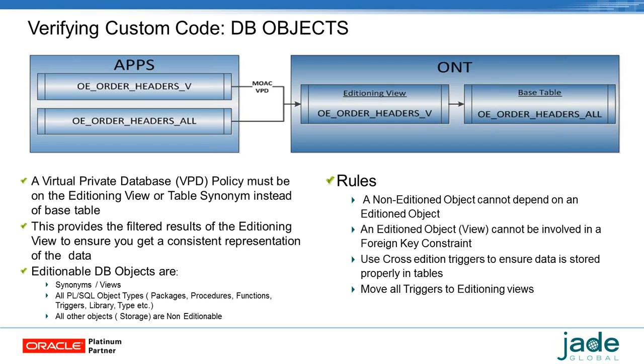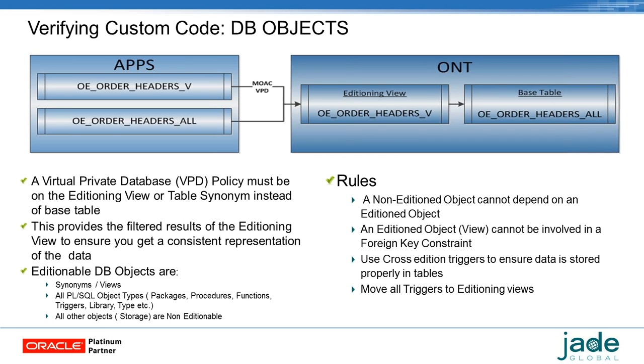When you are defining these new objects, or preparing them for the R12.2 update, a couple of rules need to be followed. First, a non-editioned object cannot depend upon an editioned object. The non-editioned object sits independently, pointing toward it, but it cannot be based directly upon an editioned object.